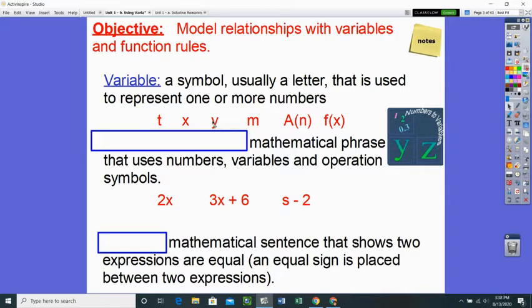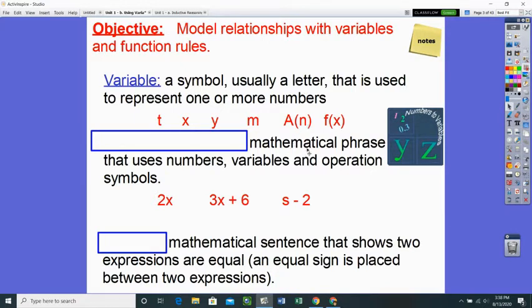So if you're plotting the point 2, 3, you might remember doing that. We'll be doing a lot of that this year. M is used a lot in algebra to represent slope, steepness of a line or a curve. And these two are a little weird over here. These are not two different variables. It is one variable. It's a special notation. We're going to get that word in a second.